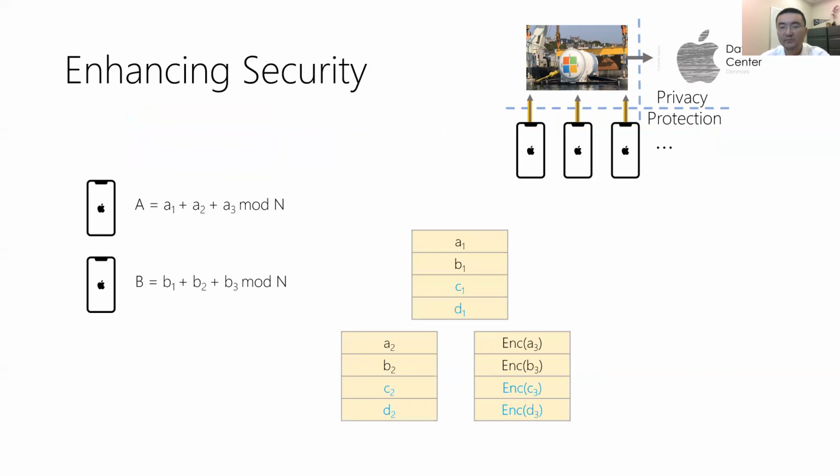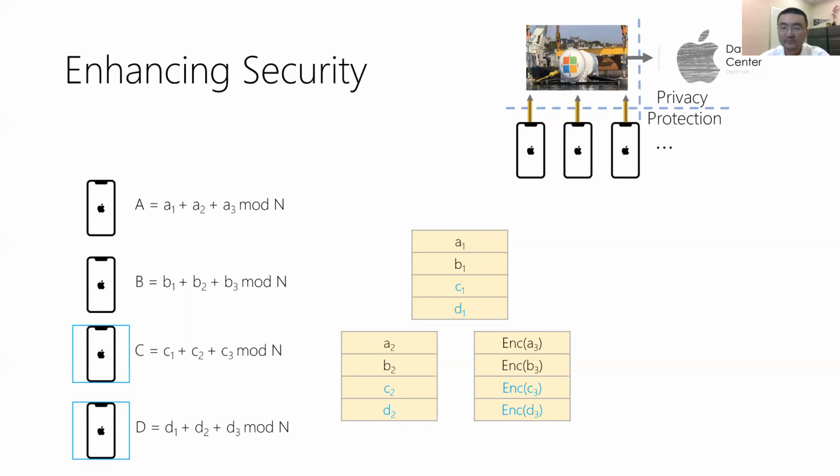The shufflers will receive shares encrypted by homomorphic encryption, and this ensures that even if all the shufflers come together, they still don't know the original local differential privacy data. The shufflers can also add dummy local differential privacy data denoted by the light blue color. Note that the shufflers only draw shares of C and D, so as long as one shuffler is honest, C and D are random and can protect the privacy of A and B.